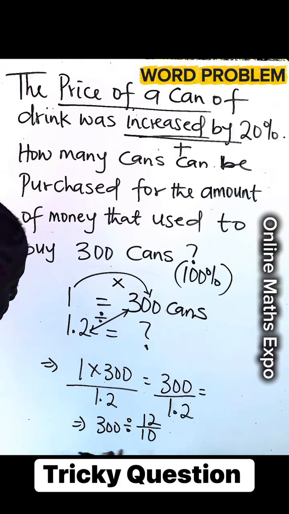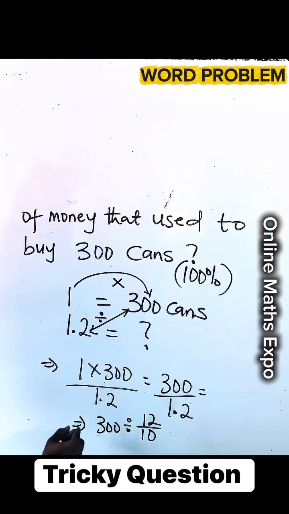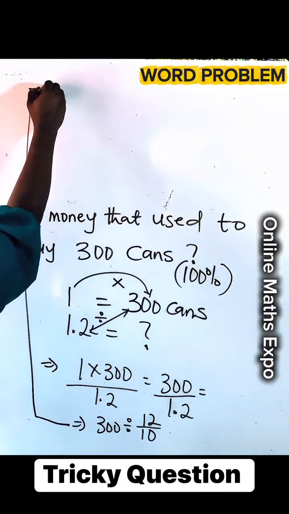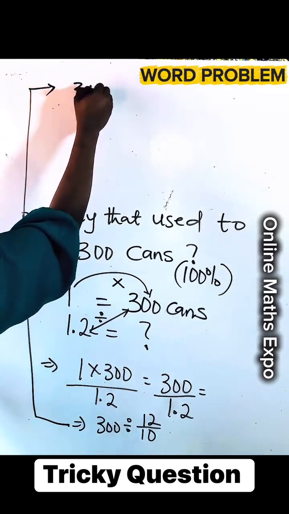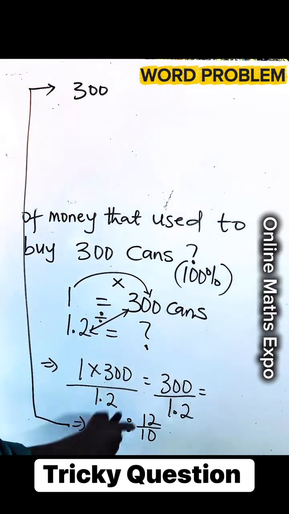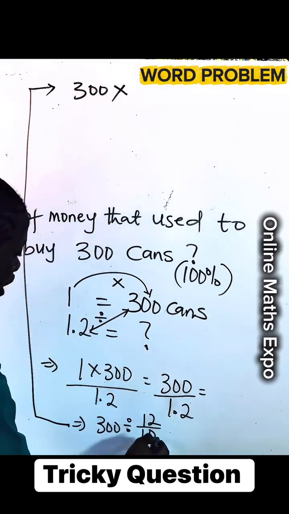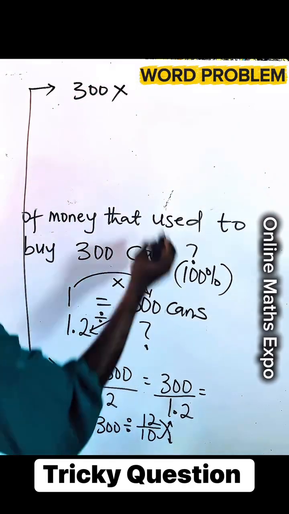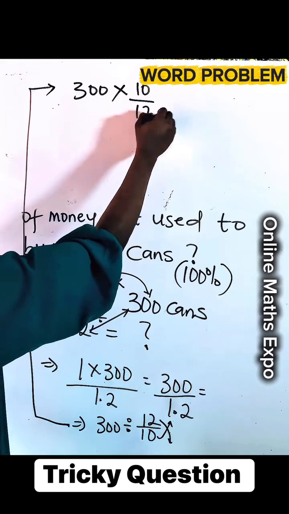So how do you simplify this? Taking it up, we now have 300, change this division sign to multiplication, then you flip this fraction. So it's going to give us 10 over 12.